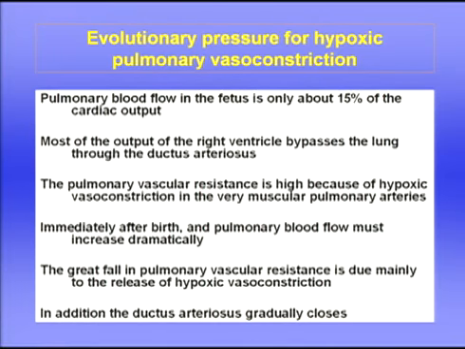There's also an increase in lung volume, which is thought perhaps to play a role as well. But the most important factor is the release of hypoxic vasoconstriction. In addition, the ductus arteriosus gradually constricts and tends to reduce the amount of blood that can be shunted through the ductus arteriosus. So those are very dramatic events. They're critically important in the transition from the fetus to the newborn baby, and I believe that is the main evolutionary pressure for the hypoxic pulmonary vasoconstriction.